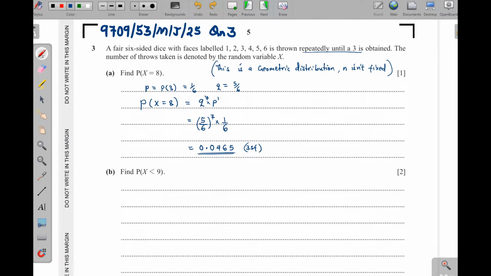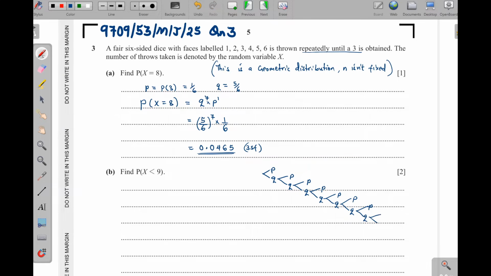Now in here, you do the experiment. When you get the success, you stop, but when you fail, then you continue. So less than 9, we shall go up to 8. You are getting the success. It can be on the first, on the second, on the third, on the fourth, on the fifth, on the sixth, on the seventh, or on the 8th.